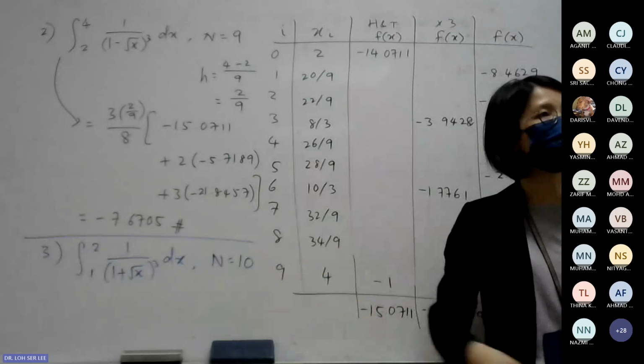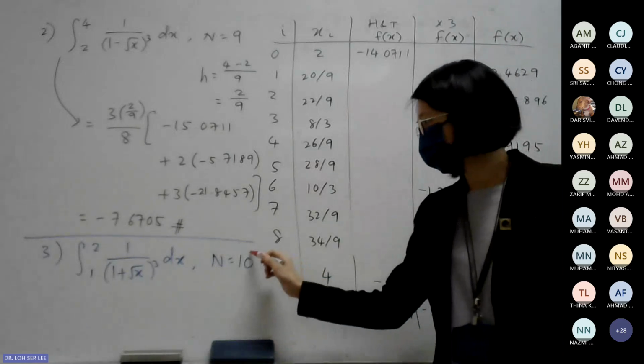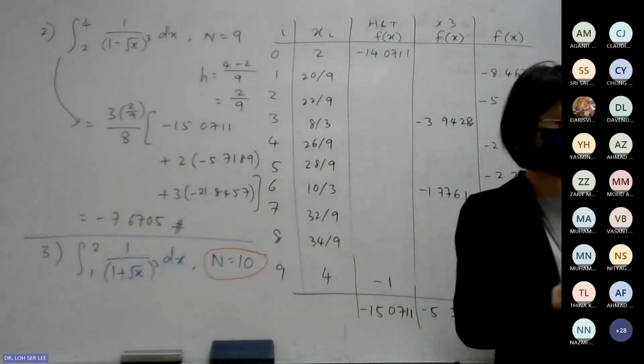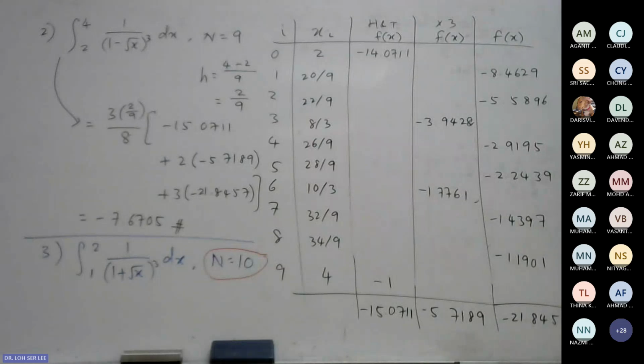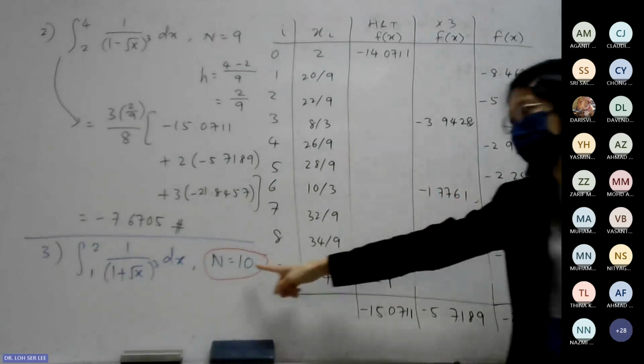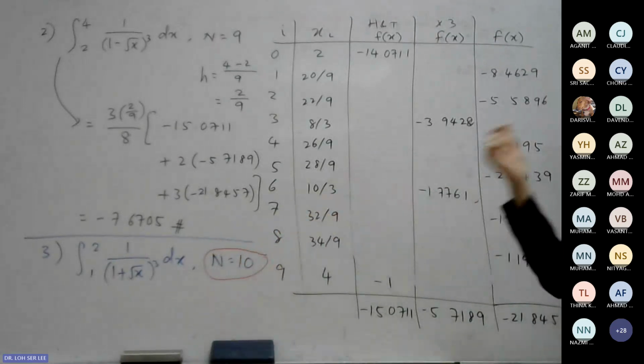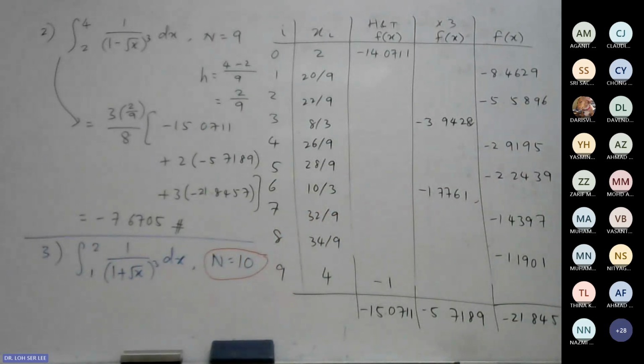Do we need to solve number 3? Number 10. This is Simpson's 3/8. What is the condition? The n must be in multiple of 3. This is not multiple of 3. So this cannot be solved by using Simpson's 3/8 approach.